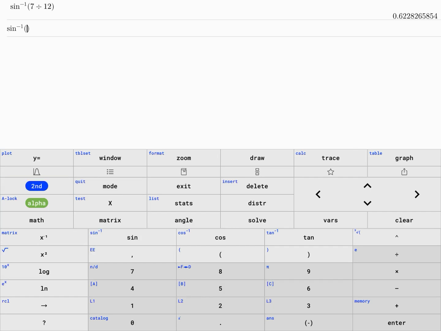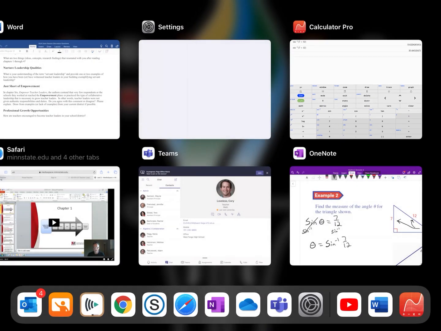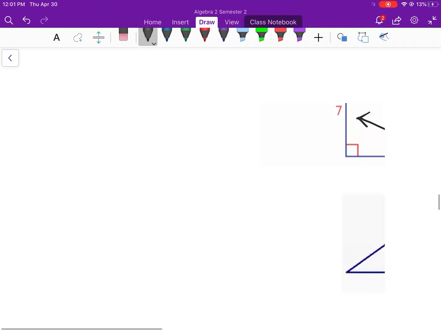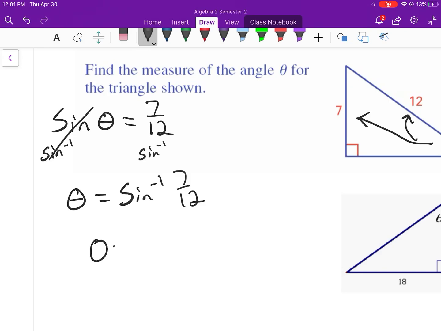So then going back and doing the 7 divided by 12, we get 35.7 if we go to the hundredths. So our theta is 35.7 degrees. That other one was in terms of radians.